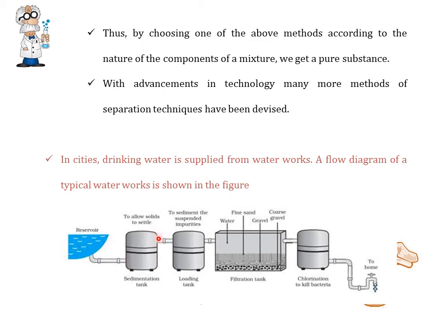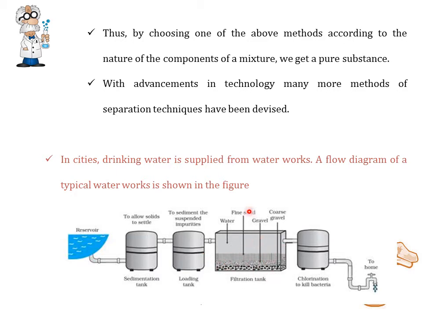Then the water inside the sedimentation tank flows through this loading tank. Here we separate the small particles that are suspended in this water, and it is allowed to sediment the suspended impurities. So all these impurities are settled down in this loading tank. Then this treated water is again allowed to pass through a filtration tank.